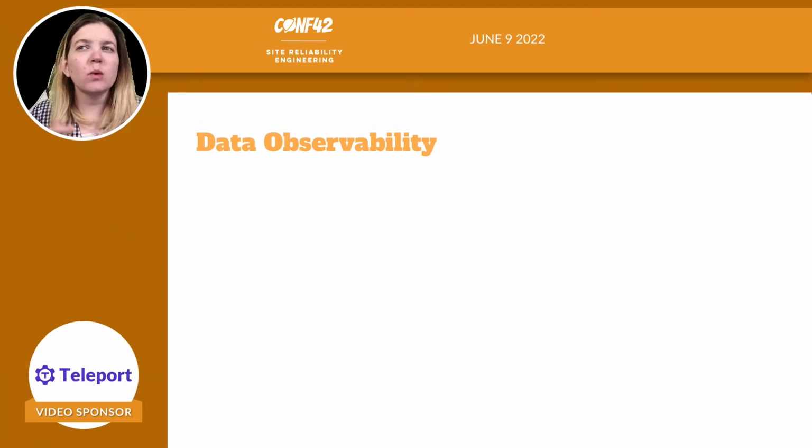Observability is one step beyond those metrics. We take these metrics and create SLAs, SLIs, and SLOs to make sure that our data services are performing to what your data practitioner needs.